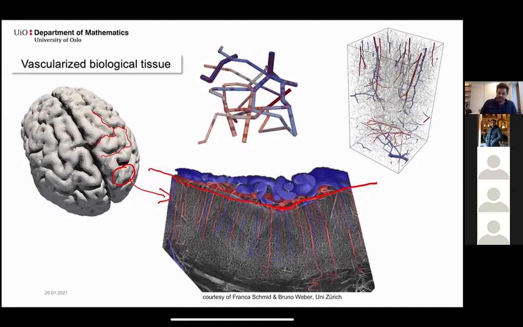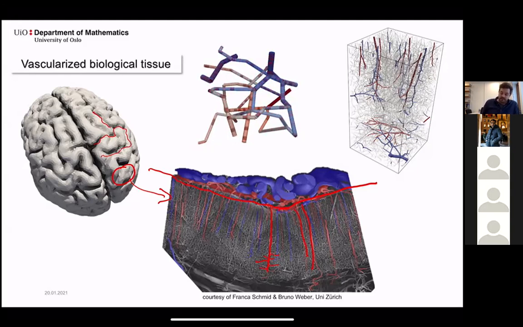But the tissue consists of cells, and it's a porous medium with a very low permeability. So we need some efficient transport system. There are these smaller so-called penetrating vessels that go down here. And from these vessels, you have even smaller vessels that spread everywhere and fill up the space and supply nutrients and oxygen to the entire system.